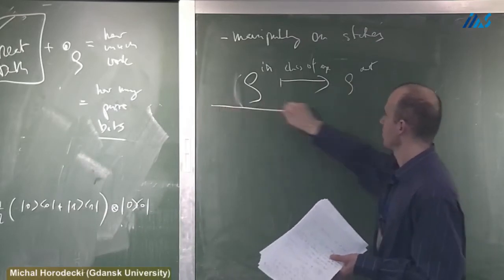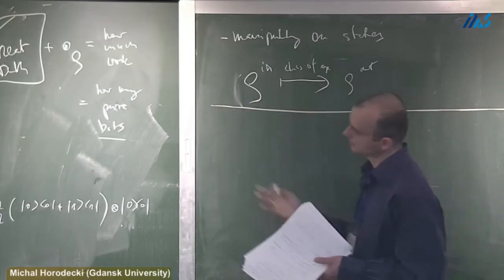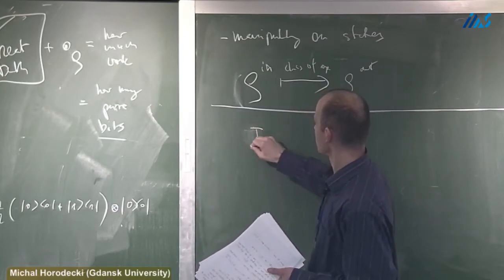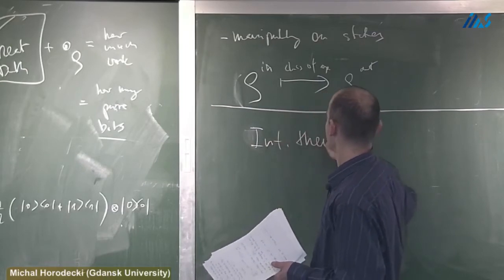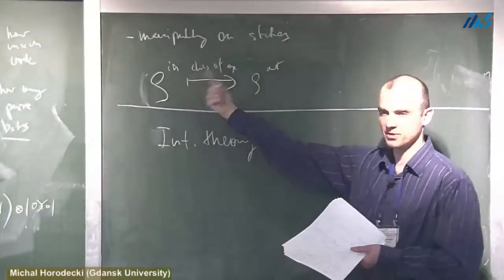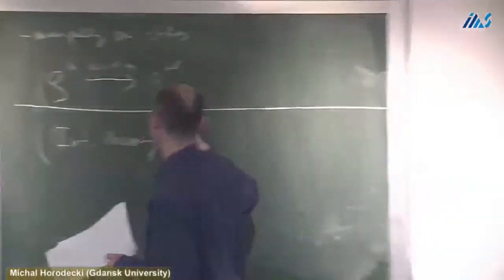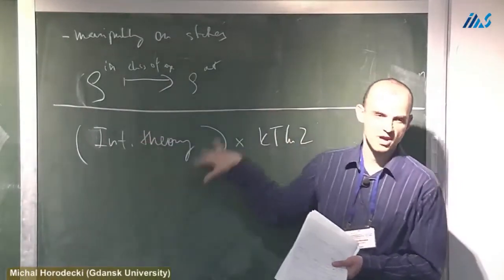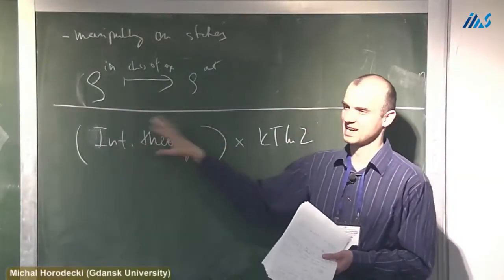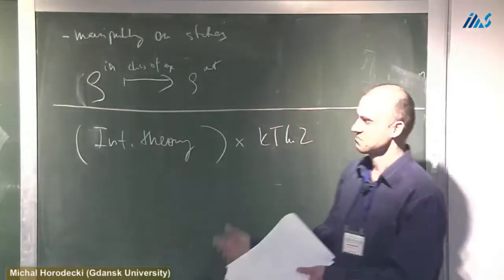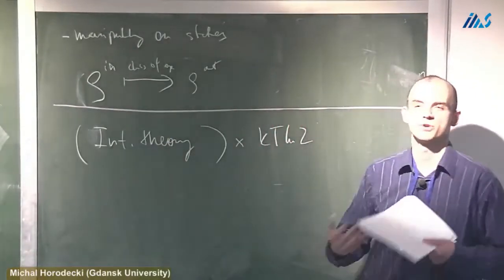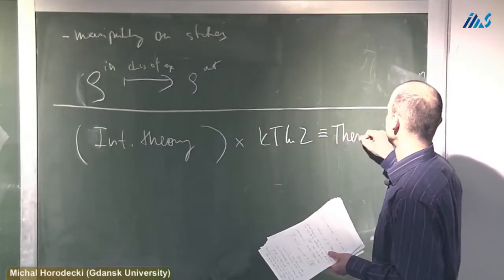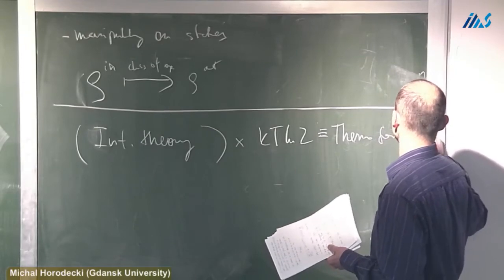So to summarize what this thermo for kids is: it is information theory, which is manipulation of information by means of some operations, times kT ln 2. We do some information theory, we manipulate states, and finally, by multiplying with this, we say we were doing thermodynamics. So that's thermo for kids.